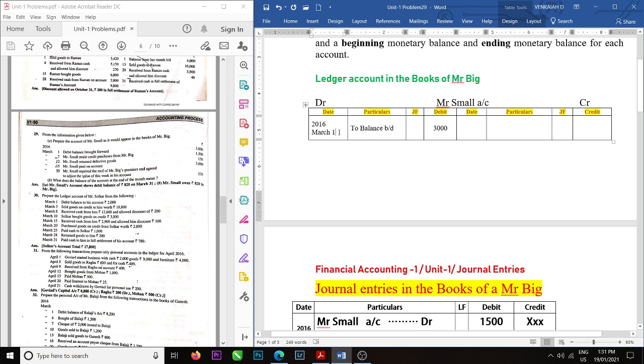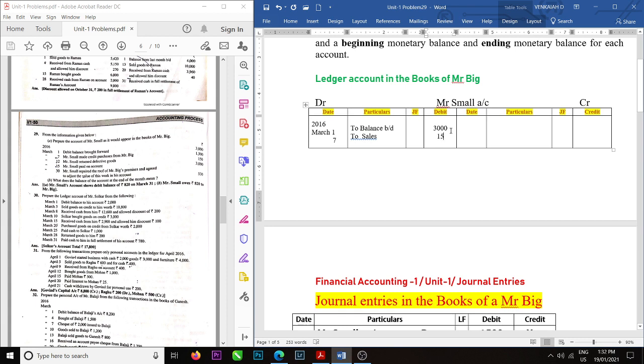Date is 7th. Mr. Small account debit to sales account. Amount is 1500. Next, Mr. Small returned defective goods.